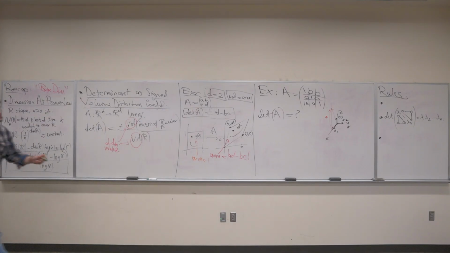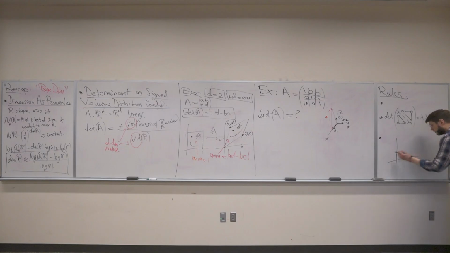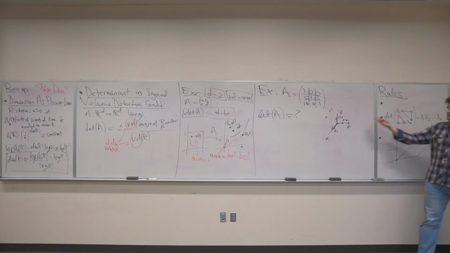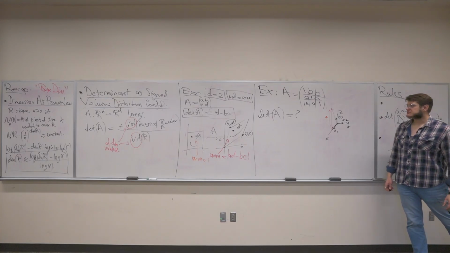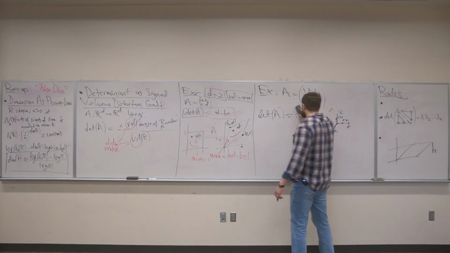You can see this in 2 dimensions as well. The area is always the length of the base times its height. When you shear, the area or volume doesn't change. So consequently, the determinant of this has to be 1.